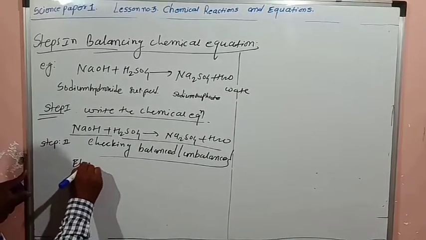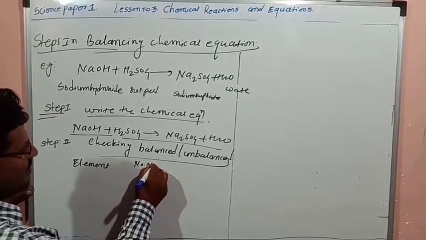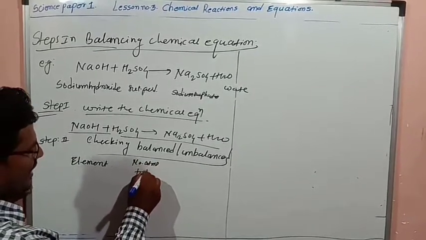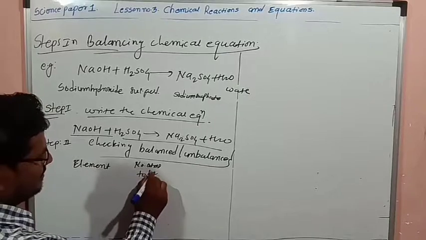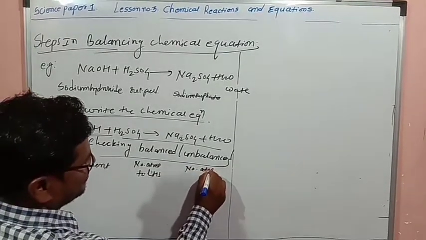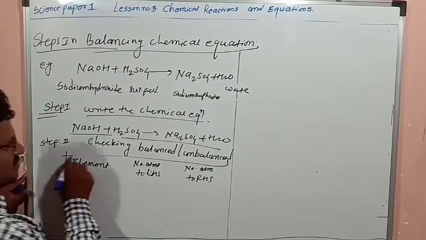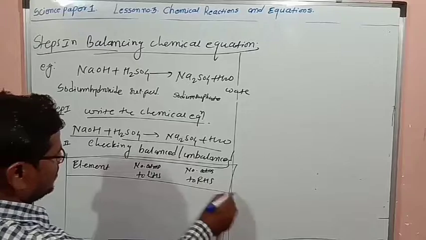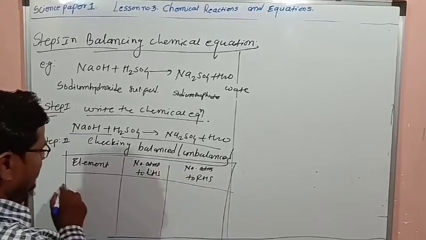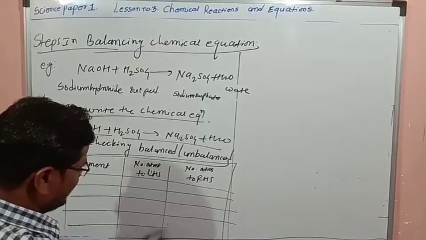In that, the first column is the element, the second column is the number of atoms on the LHS, and here the number of atoms on the RHS. If you make a table this way, you have to check.